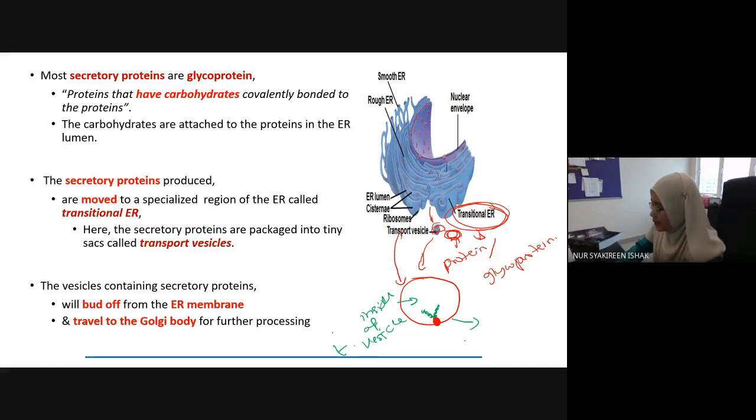Tapi nanti kan dia akan pergi kepada Golgi apparatus to be modified, and then from the Golgi apparatus dia akan package balik semula dalam bentuk secretory vesicle. So dia akan modify the protein, the glycoprotein. Okay, modify the structure so that it becomes more functional.